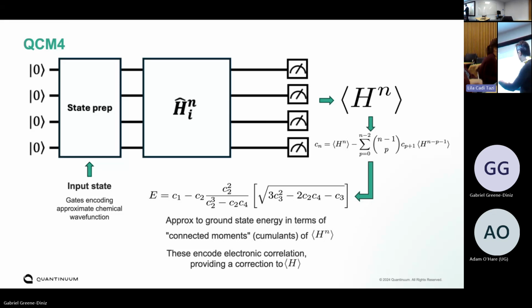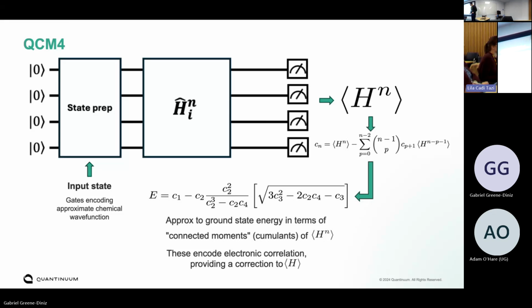So by plugging in a very cheap, maybe far from exact approximation to the ground state, and measuring these moments of the Hamiltonian, you get an energy much better than that of your input state. That's why I was trying to justify using Givens rotations to generate a very cheap approximation, only slightly better than Hartree-Fock.